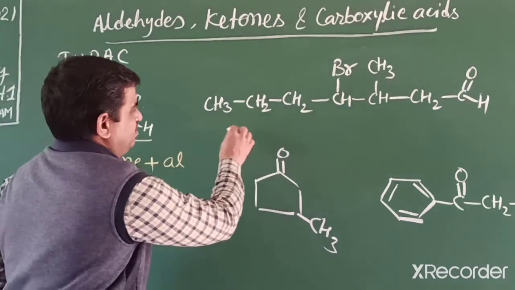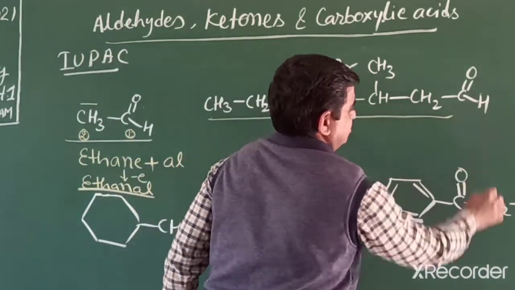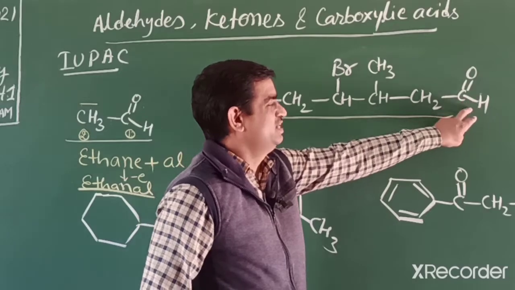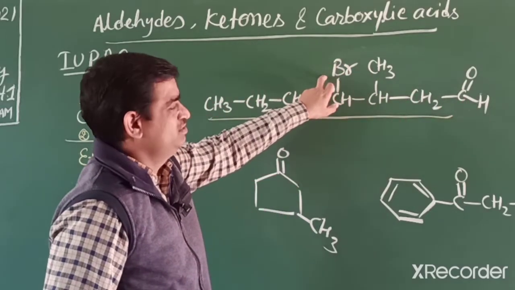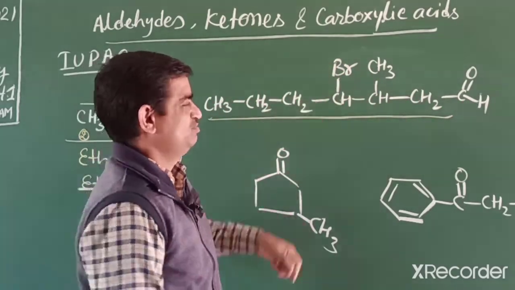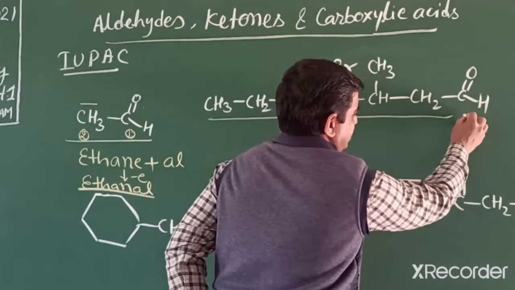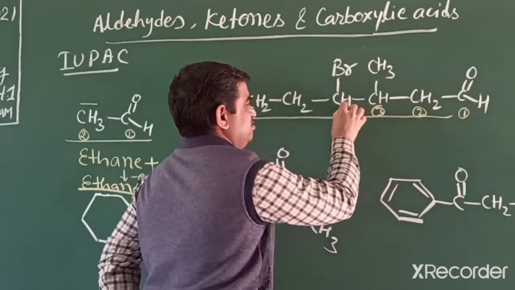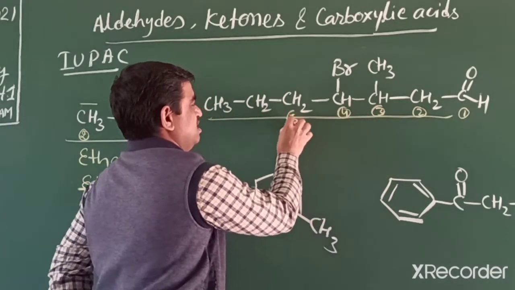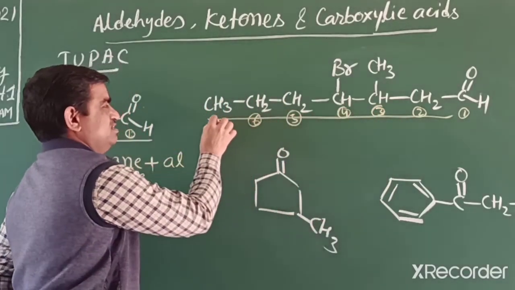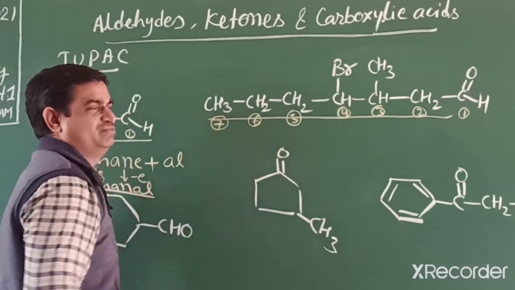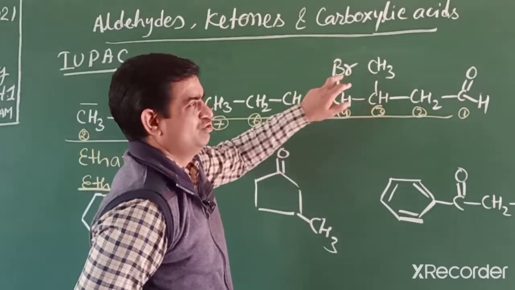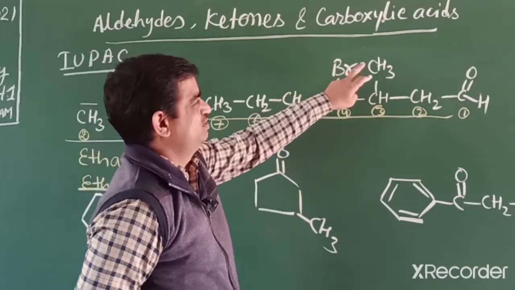Another example: first we identify the functional group, aldehyde, and the other is halogen. Halogen is always a prefix, so numbering starts from the aldehyde carbon: 1, 2, 3, 4, 5, 6 and 7. Total 7 carbons, with 2 substituents at carbon 3 and 4, one bromo and the other methyl.